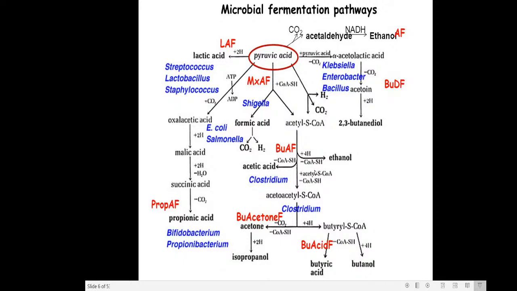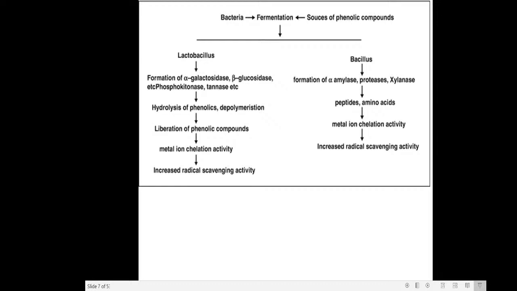Please remember the microbes and product names. And this is for the species activity. Lactobacillus is helpful for the formation of alpha-galactosidase and beta-glucosidase. This makes an activation of the phosphoketolase and tannase.